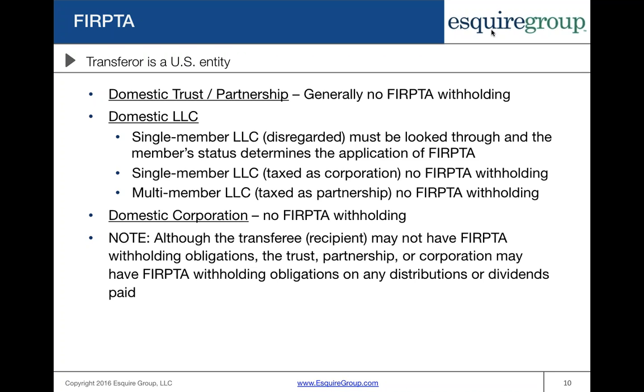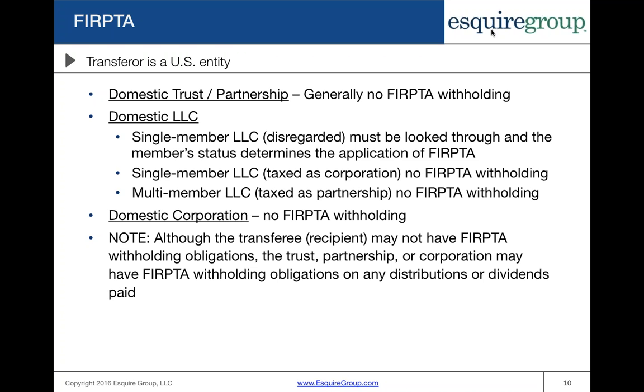Let's change this example a little bit, where we have a U.S. partnership that is owned by two foreign persons, and that partnership sells the property to a U.S. buyer for $500,000. The U.S. buyer is not required to withhold the FIRPTA withholding when they pay the partnership.